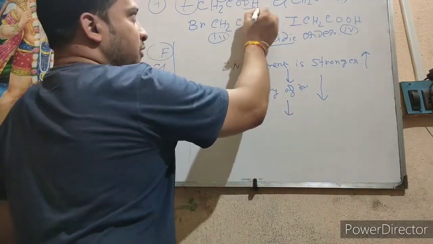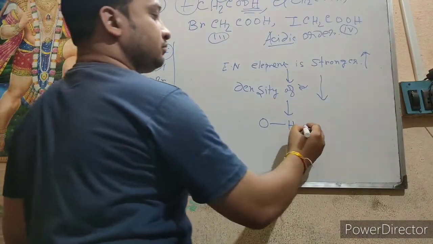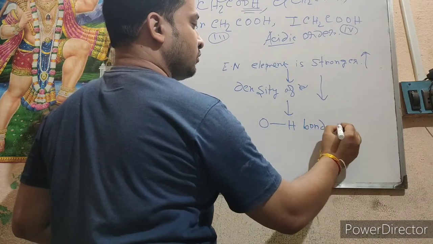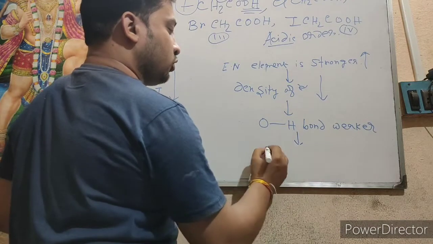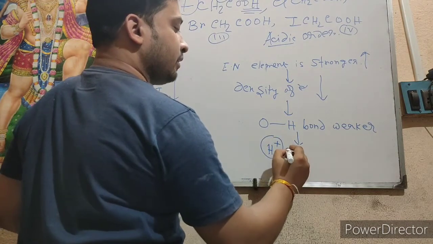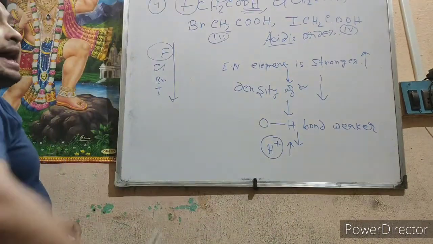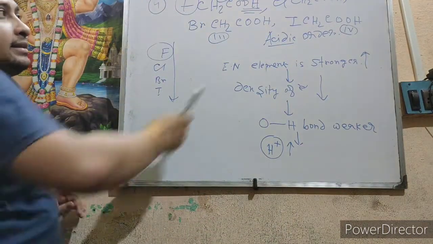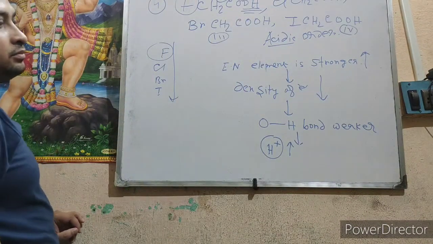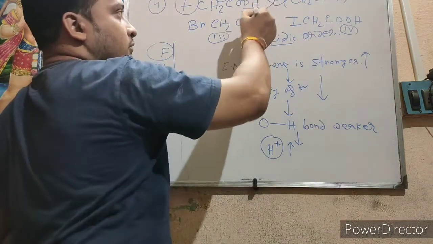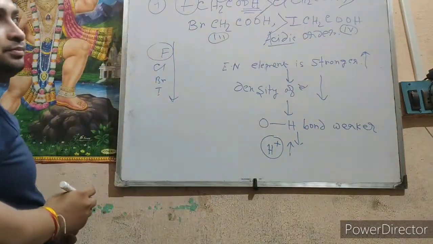So the bond between O and H, the OH bond, is weaker, so the tendency to donate H plus is higher. As the electronegativity of fluorine is higher than chlorine, bromine, and iodine, it shows more acidic nature. So the correct order is 1, 2, 3, 4, with 1 more acidic compared to others.